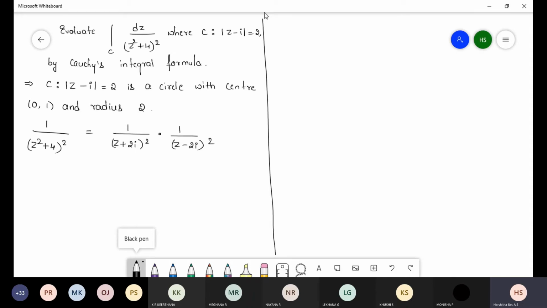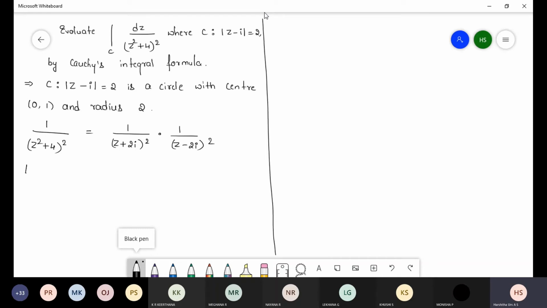When you multiply these two, we get (z square plus 4) whole square, because (2i) square is 4i square, and i square is minus 1, so minus into minus is plus. Then the 4iz terms will get cancelled.